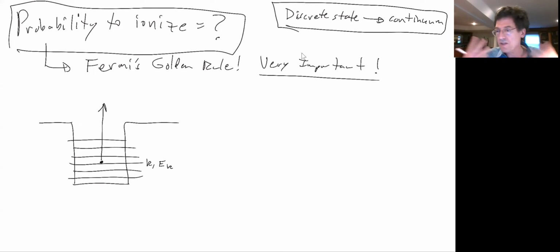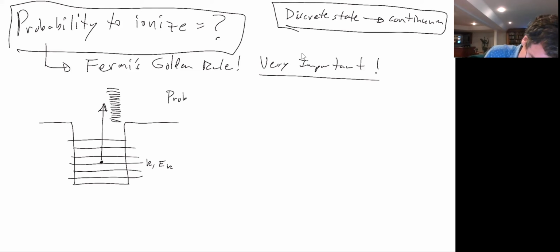We want to know the probability to go to some arbitrary final energy. But there's a continuum of energies here. And so the probability to escape, to ionize, is going to be the probability to go to all of those states.